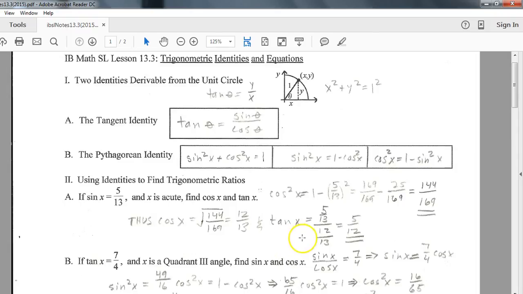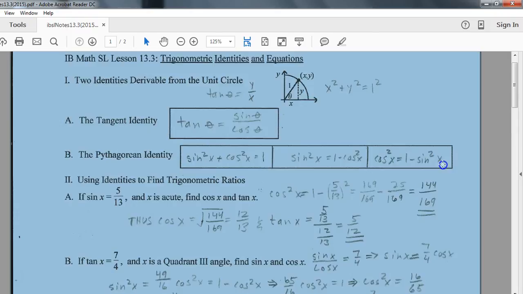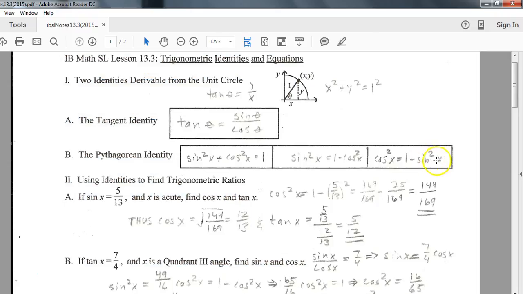Anyway, if I just plug in what was given to me, so we formatted it this way, since I know the sine value is 5 over 13. Keep in mind that when you have sine squared of x, that is the same thing as saying sine of x times sine of x. So you are technically squaring the entire function. And so that's why you can just do 5 over 13 squared.